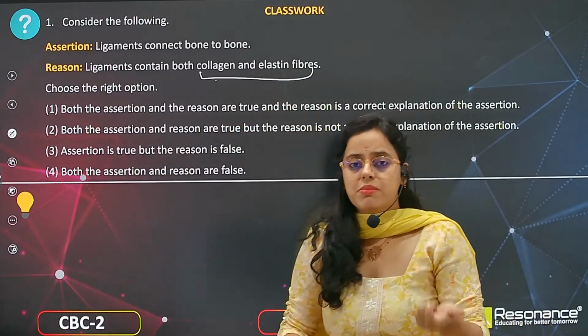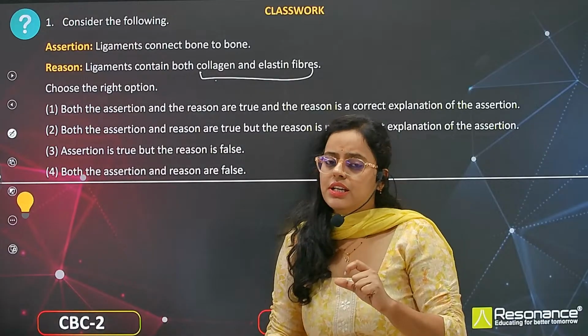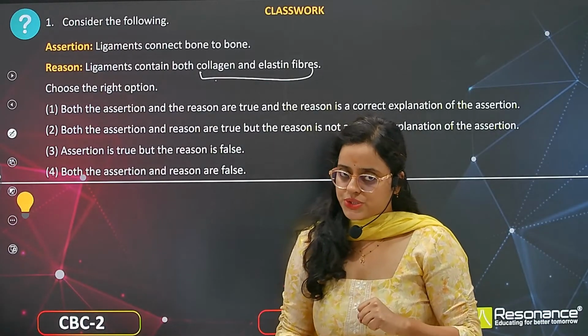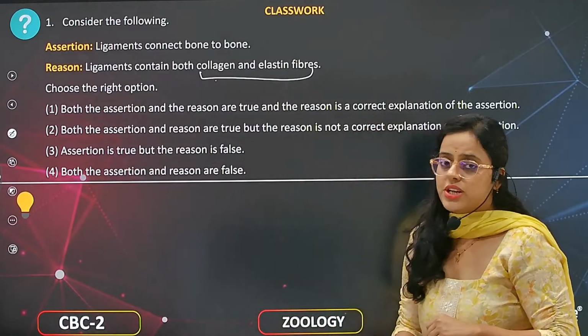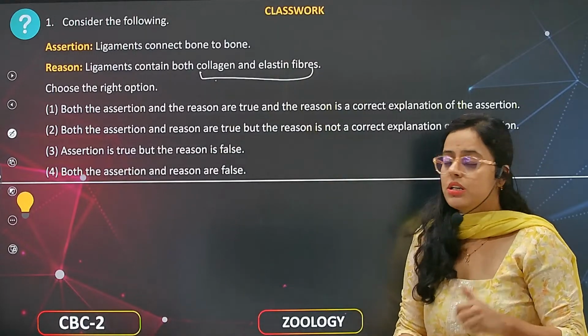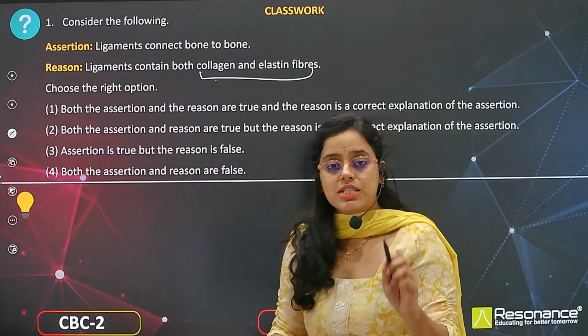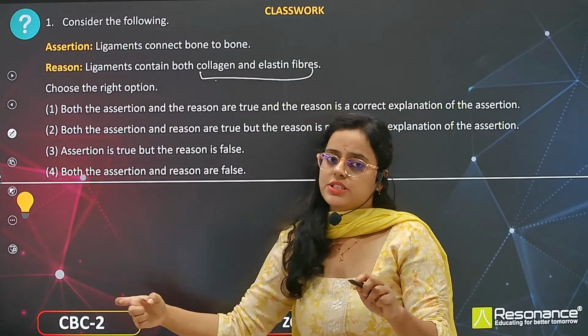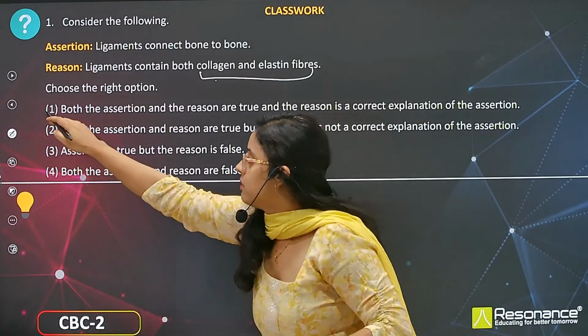Collagen is white fibrous tissue and elastin is yellow fibrous tissue. So ligament contains both. Yes, both statements are correct and the reason is explaining the assertion. So the answer is: both assertion and reason are true and the reason is the correct explanation of the assertion. So here the answer is going to be the first one.